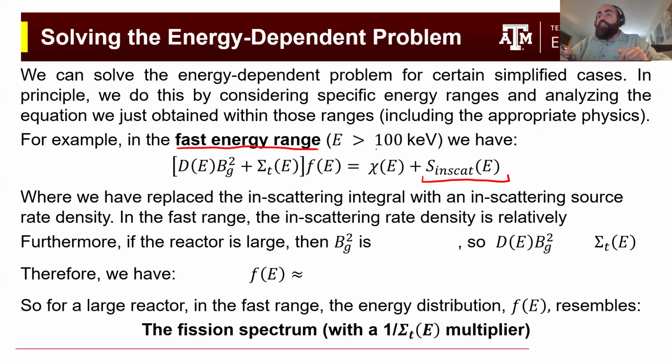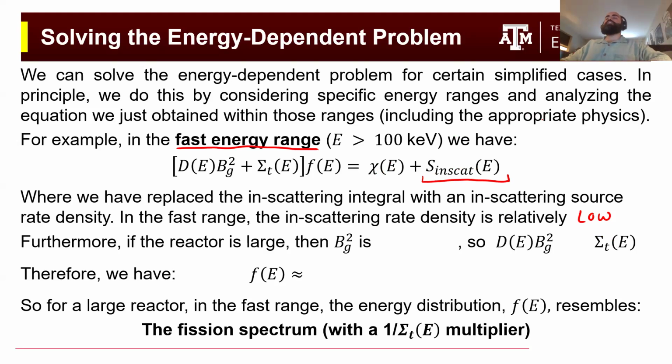But if the neutrons have an energy of 100 keV, they are moving so fast that there's very little chance that they're going to collide with something that's going to kick them to a higher energy level. So we can basically make the argument that this n-scattering term is relatively low for neutrons above 100 keV. Relative to this fission spectrum term, this n-scattering source term is basically negligible.